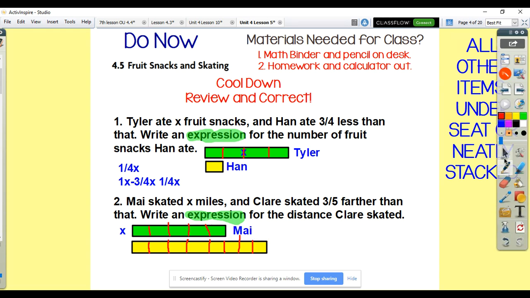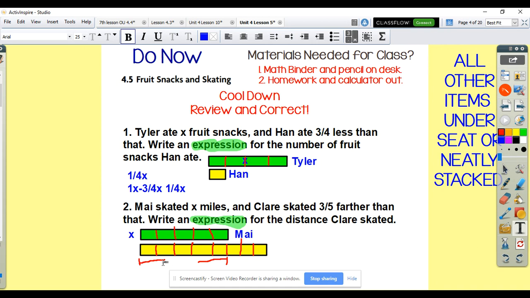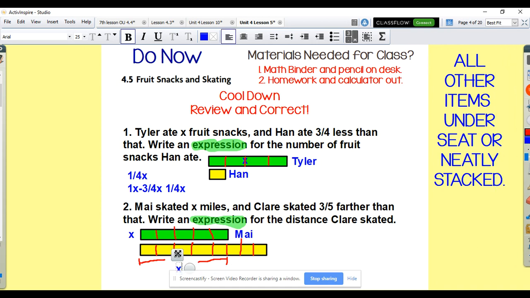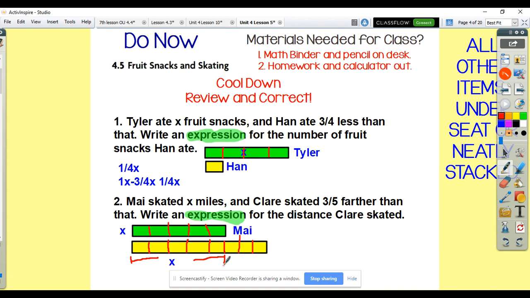So what this comes down to here is that from here to here, well, that's actually Maya, isn't it? So this is Maya, and that's like saying X. And then this is 3/5 of X. Why is it 3/5 of X?